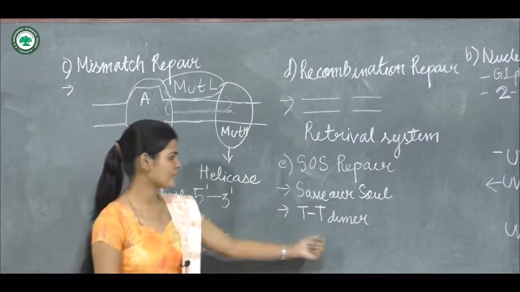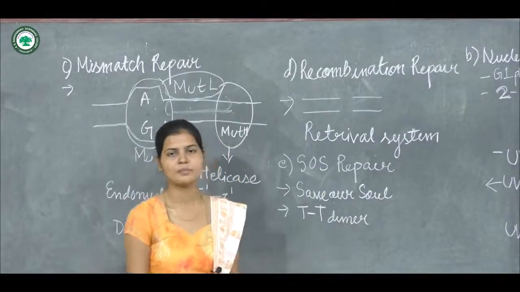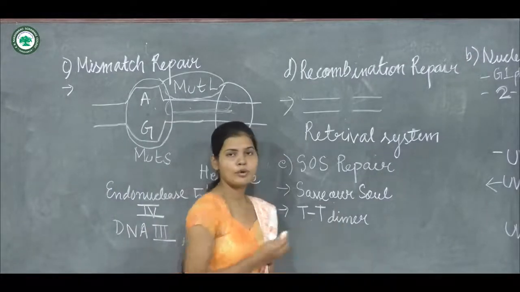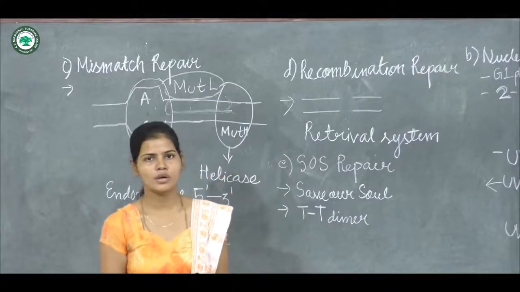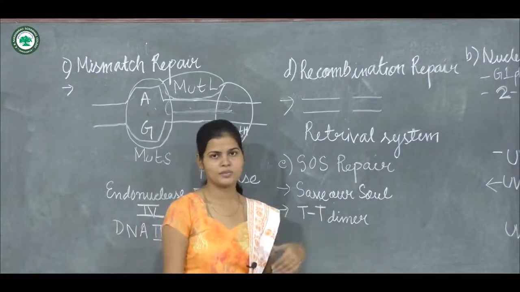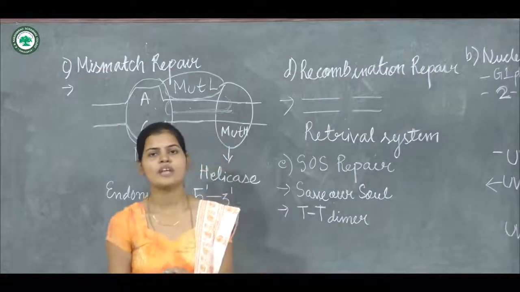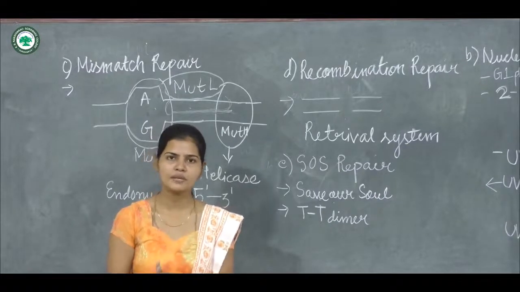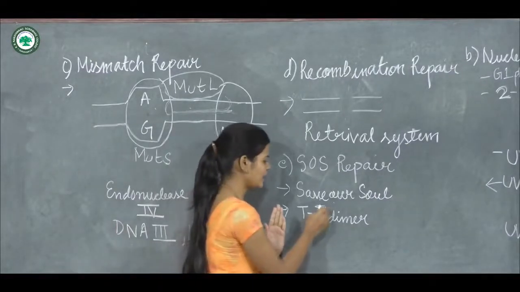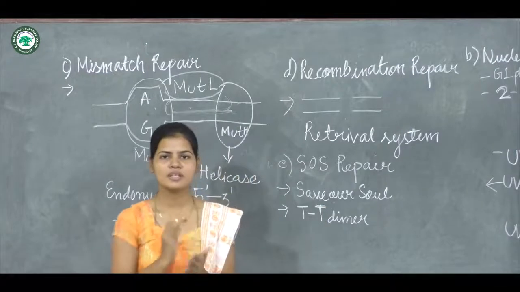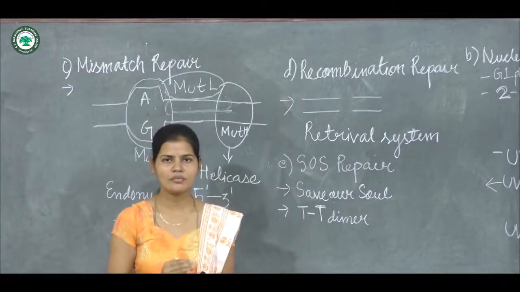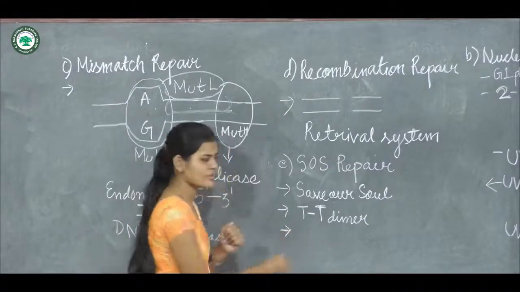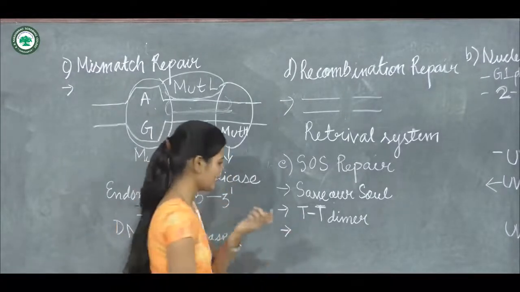Because of this thymidine dimer, DNA polymerase can't work, and the different repair machineries available in the cell can't work, because the thymidine dimer has blocked the DNA polymerase. So there will be involvement of certain different types of DNA polymerase.